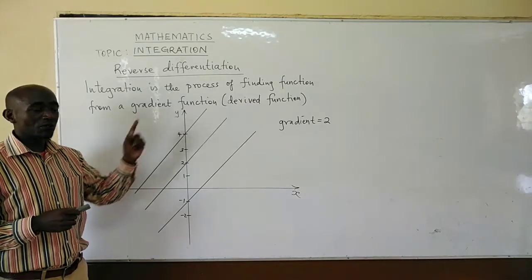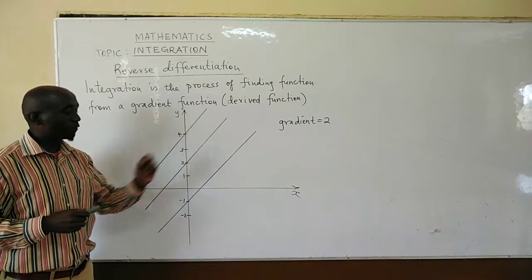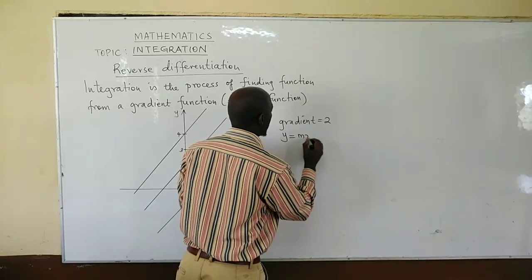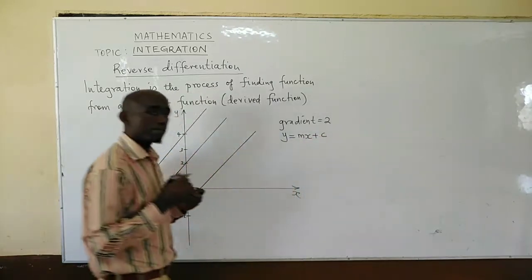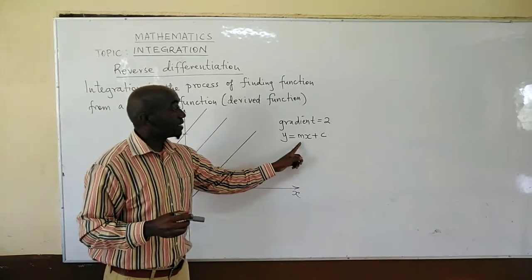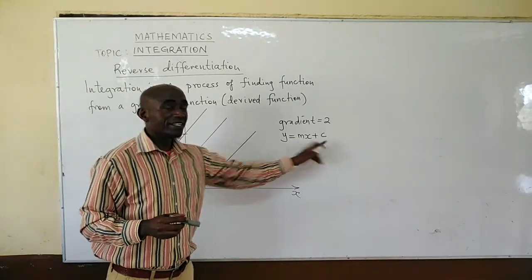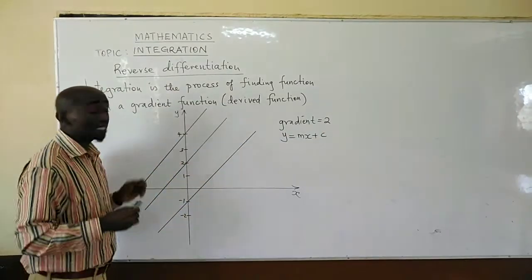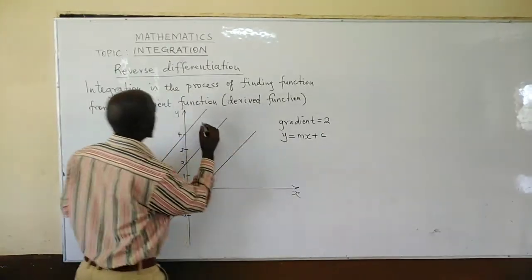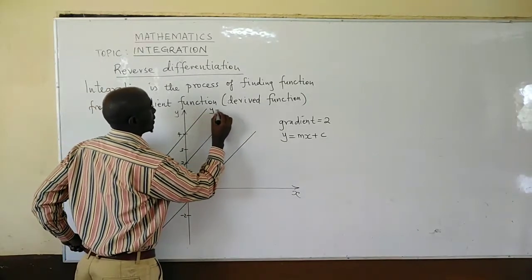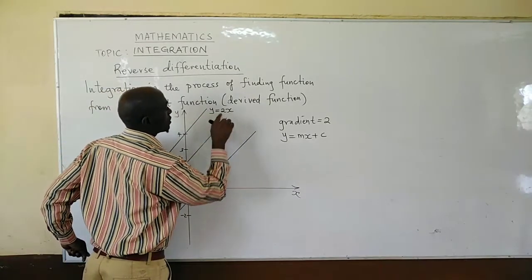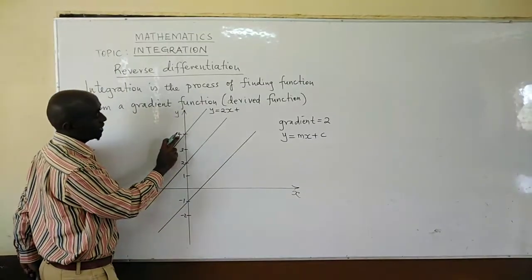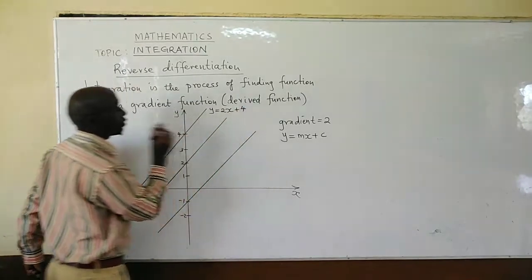If the gradient is 2 and it is passing through this point 4, the general equation of a straight line is y is equal to mx plus c, where m is the gradient, c is the y-intercept. So since we know the gradient is 2, the equation of the first line will be y is equal to 2x plus 4. That is the equation of that line.